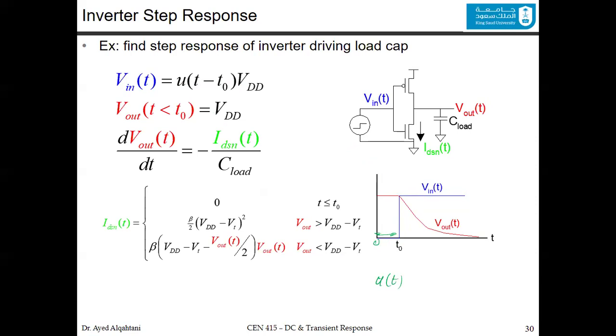This is the input. So anything before T0, the input would be equal to 0. And after T0, the input is going to be equal to VDD, indicated by VDD here in this equation. Now, what will happen to the output?